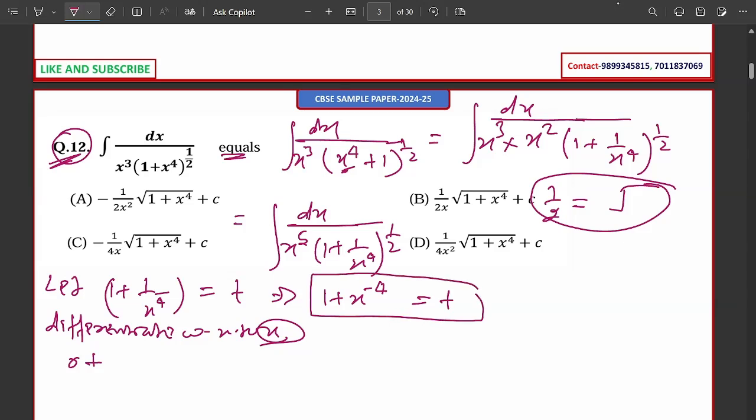When we differentiate this with respect to x, it becomes 0 plus minus 4 x raised to the power minus 5 dx is equal to dt. So this becomes 1 over x raised to the power 5 dx is equal to minus 1 by 4 dt.